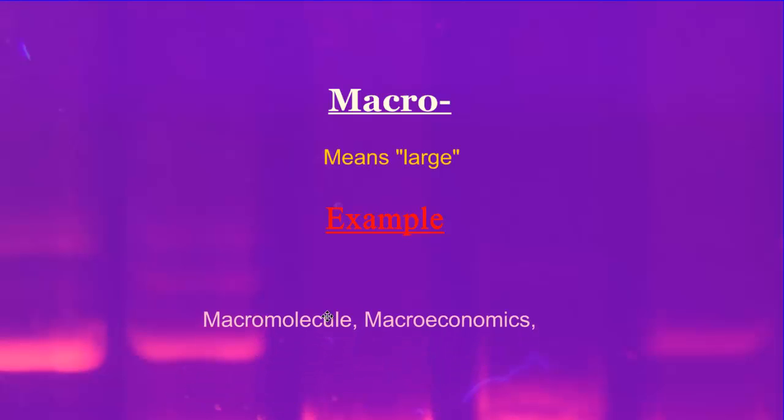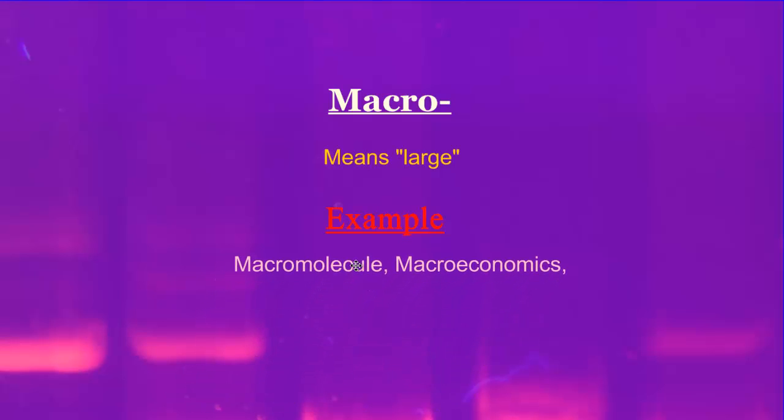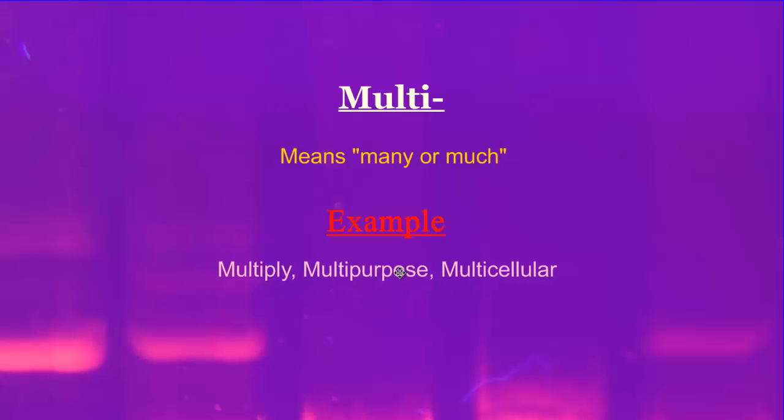Example words including macro that you'll run into, especially in biology, but also in life, are macromolecule or macroeconomics, meaning big or large. Multi is the next prefix. It means many or much. You'll see it being used in words like multiply, multi-purpose, and multicellular.